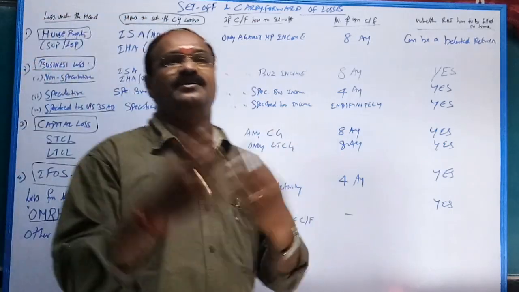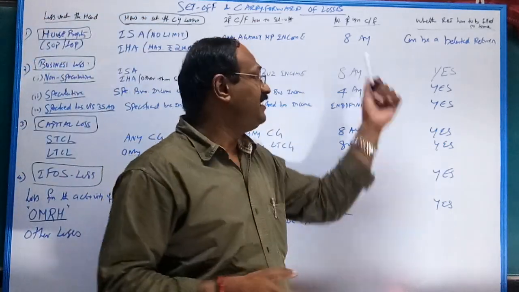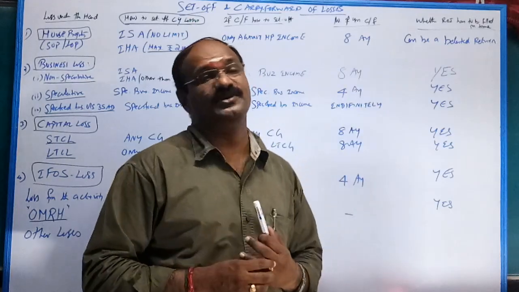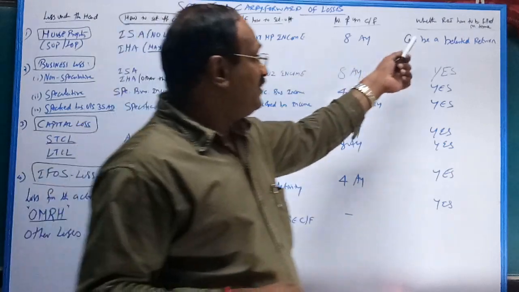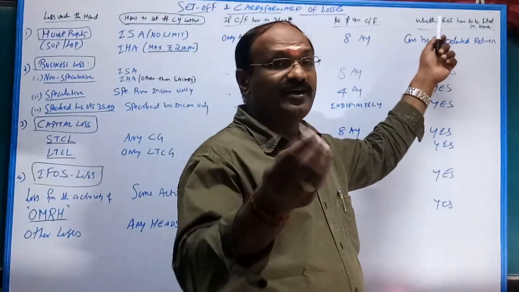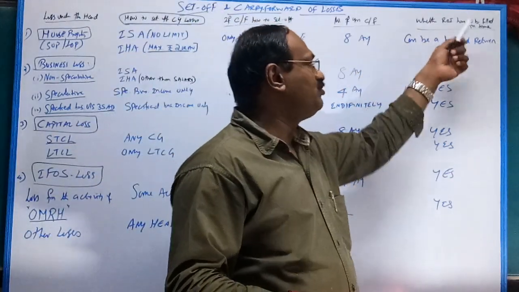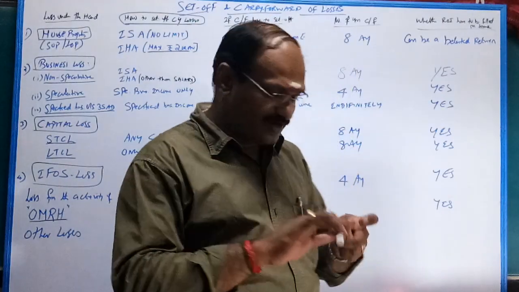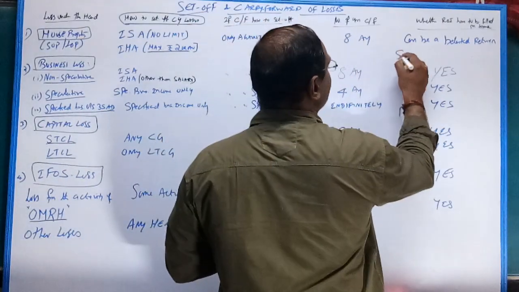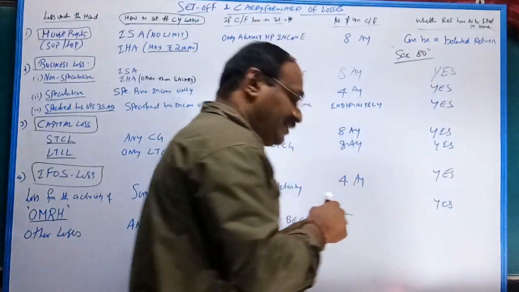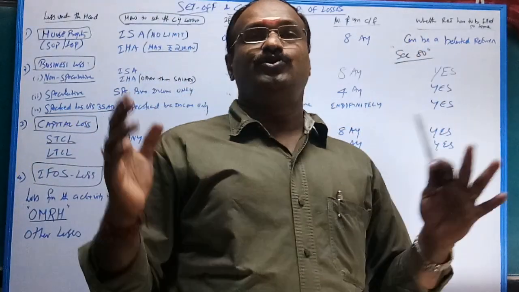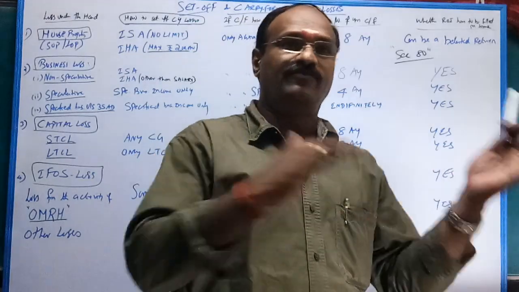So how many years can I carry forward, sir? 8 assessment years. Then, what about ROI, return of income? Whether the return of income has to be filed in time is very important. Section 80 deals with this.